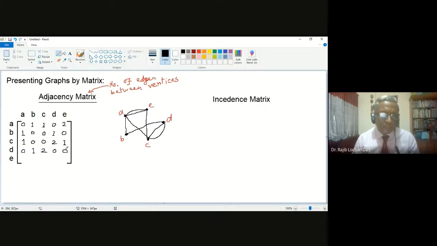Okay. And the last row, that is E, and it is EA equal to 2, EB equal to 0, EC equal to 1, and ED equal to 0, and EE also 0. So this is the adjacency matrix.